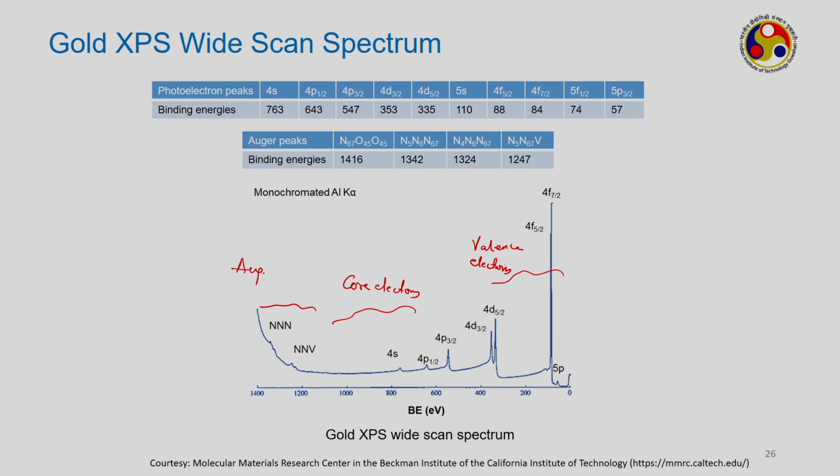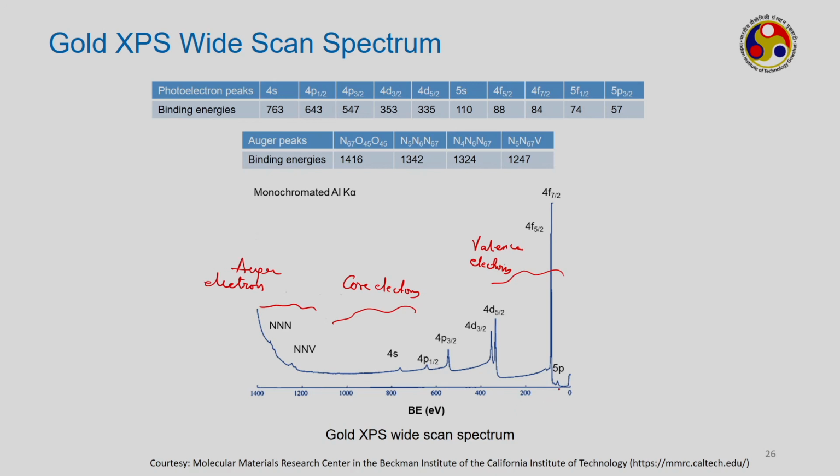For Auger electrons, you see NO, these are pretty high values, because for gold extracting an Auger electron will require a very high energy. These are all direct spectra. In the direct spectrum, you see XPS to be very sharp.